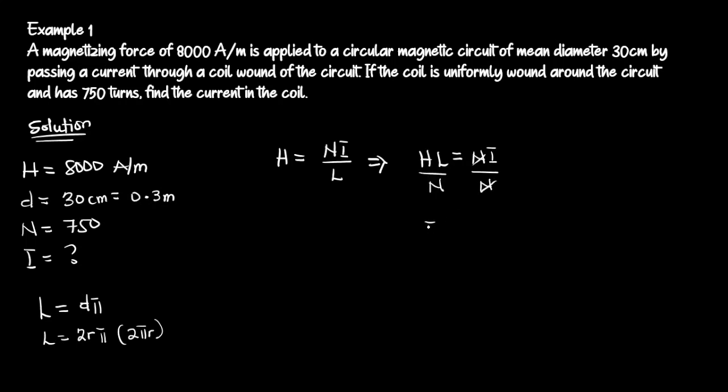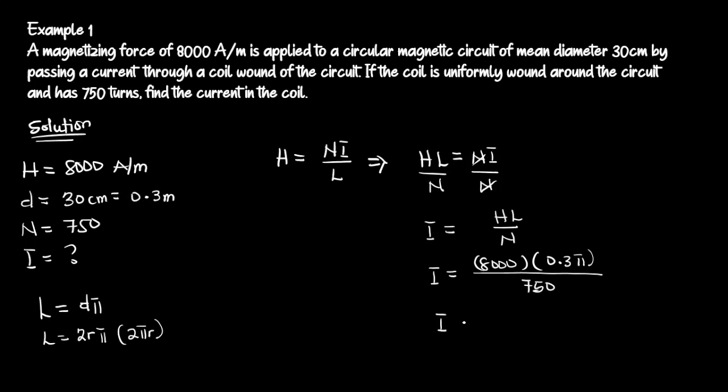So my current will be equal to HL divided by N. The H is 8,000, and the L, like I said, is πd, where d is 0.3, all divided by N, the number of turns, which in this case is 750.